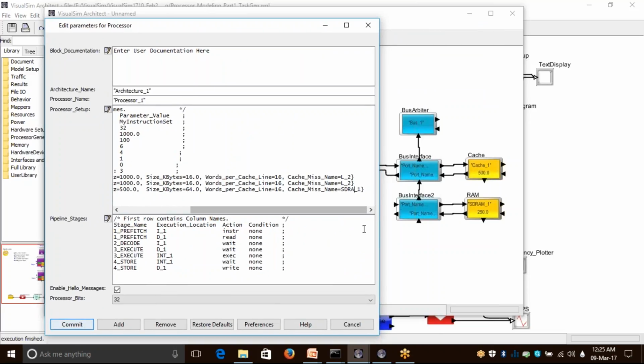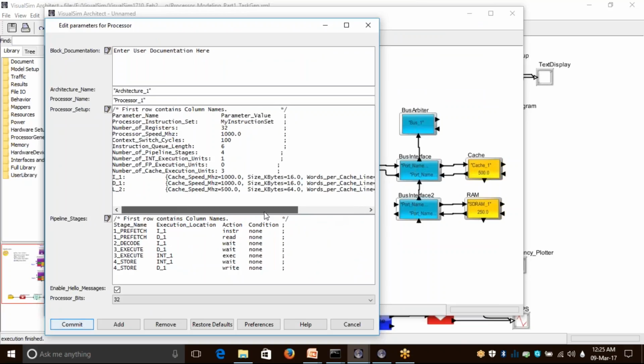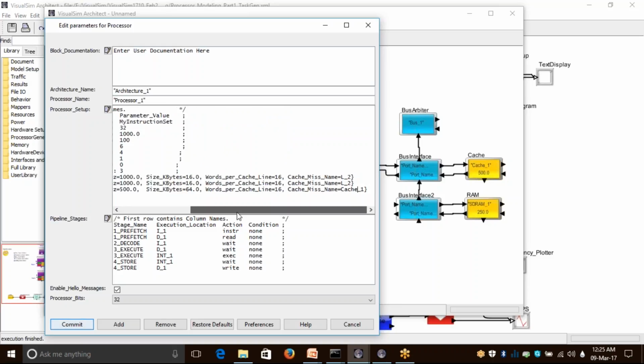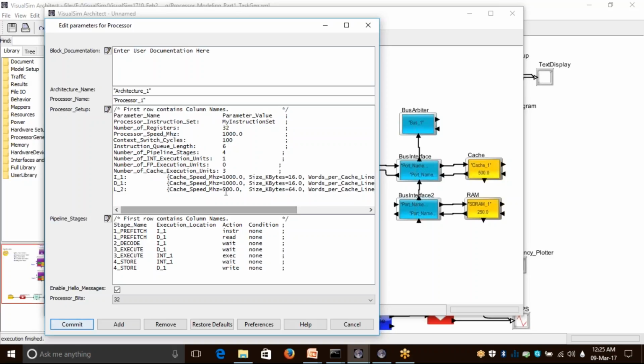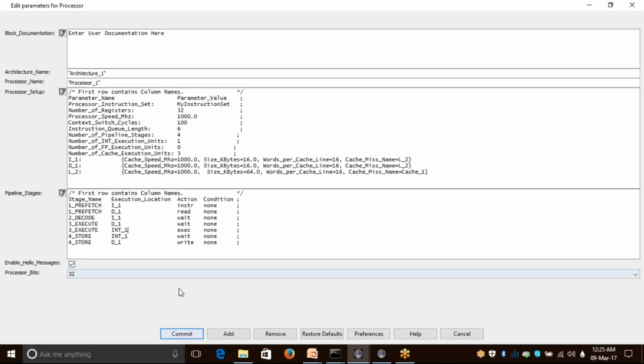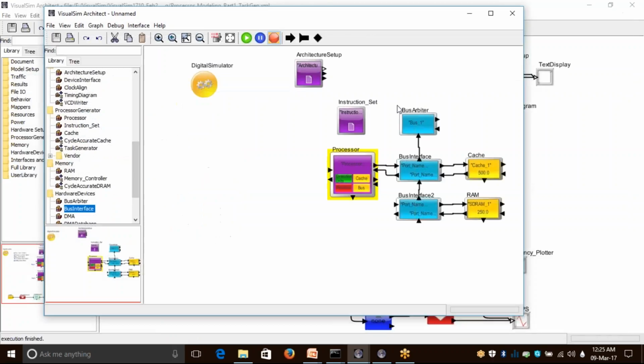I'm going to call this cache 1, which goes to my cache on the other side. So if there is an L2 miss, it goes to cache 1 and tries to get the data. I'm going to run this at the same clock. I'm going to call this int. I'm going to commit it.